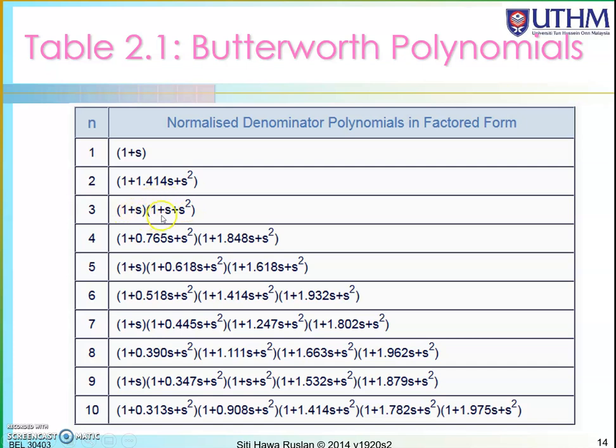If you multiply, open the parenthesis, you get S to the power of 3, so it is a third order. Similarly, for fourth order, you have S to the power of 2 and S to the power of 2. This is second order, this is second order, multiply this, you get S to the power of 4, so it is a fourth order.